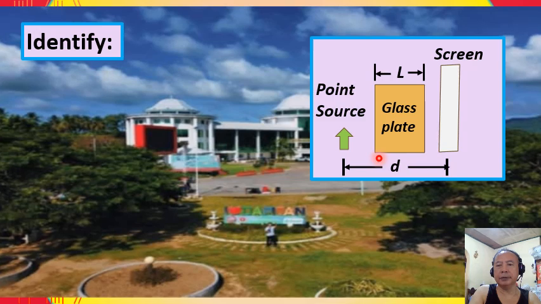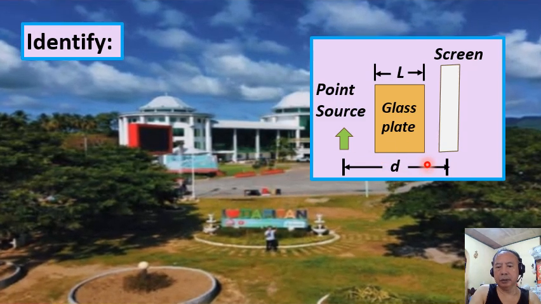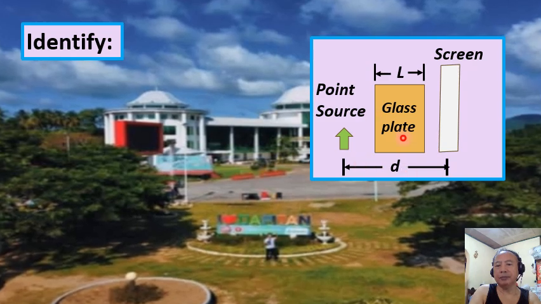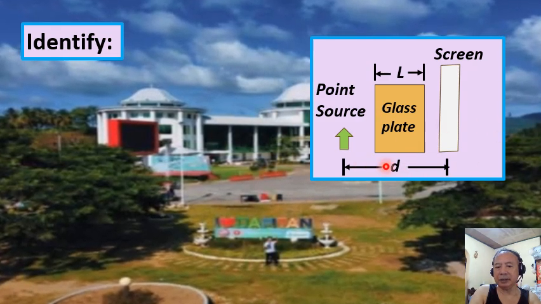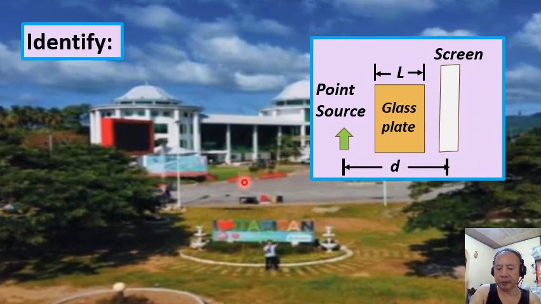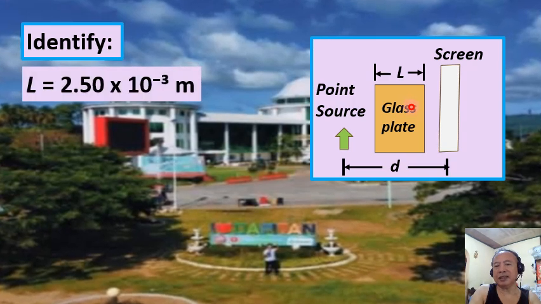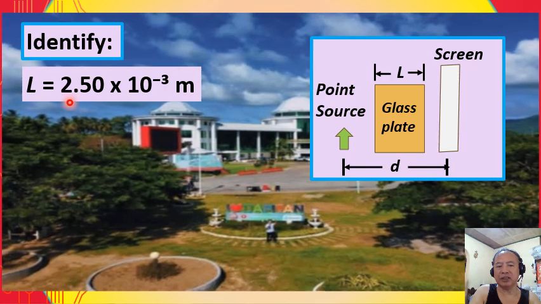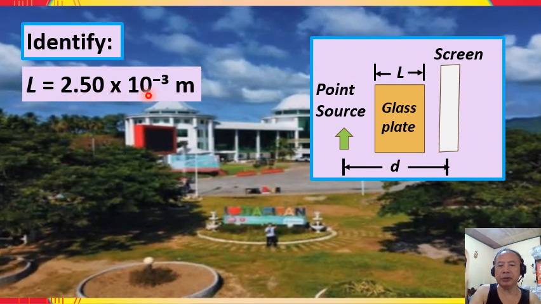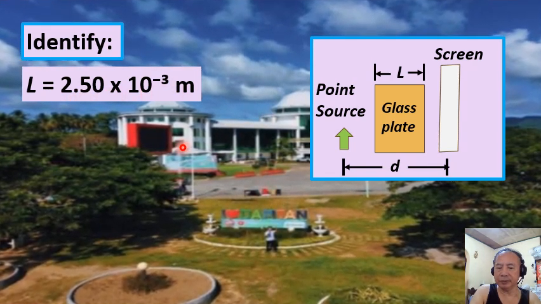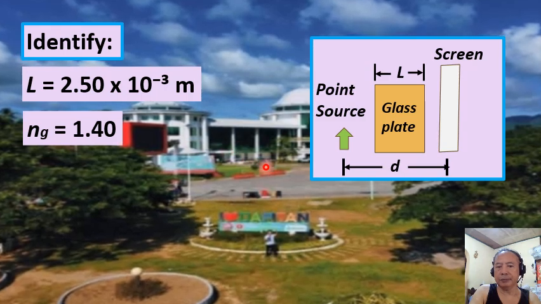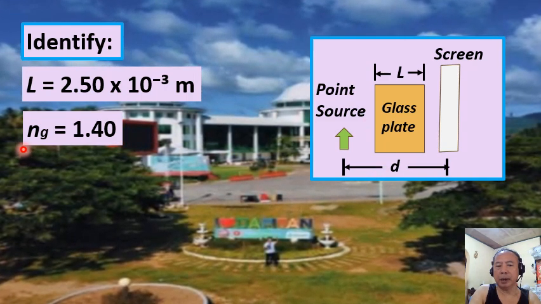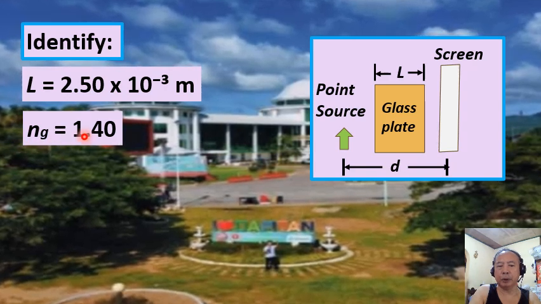We have here the diagram that gives us the relative positions of the point source, the glass plate, and the screen. The thickness of the glass plate, denoted by capital L, equals 2.50 times 10 to the negative 3 meters. The index of refraction of the glass, denoted by n sub g, equals 1.40.